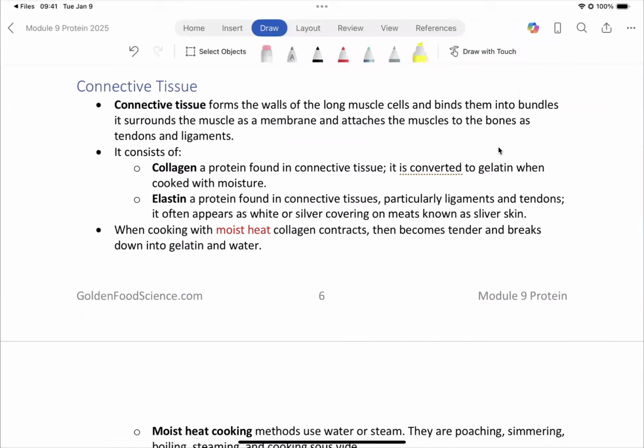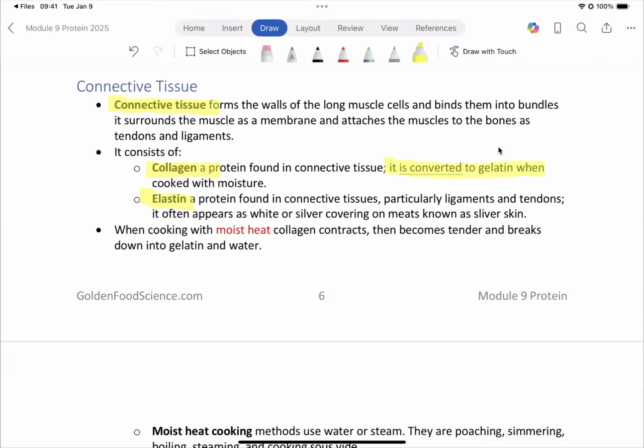The connective tissue is the collagen and elastin. And so when we cook meat, the gelatin that comes out of the meat, that's what that is. The collagen is converted into gelatin when it's cooked with moisture.